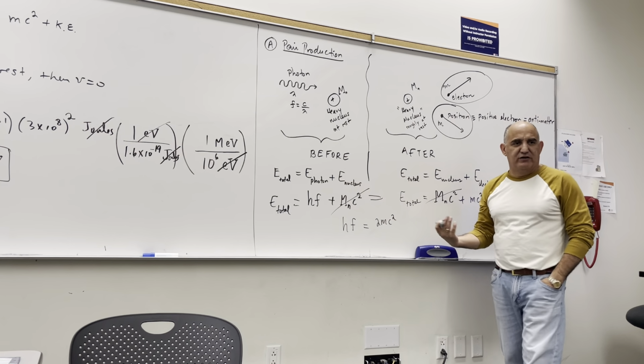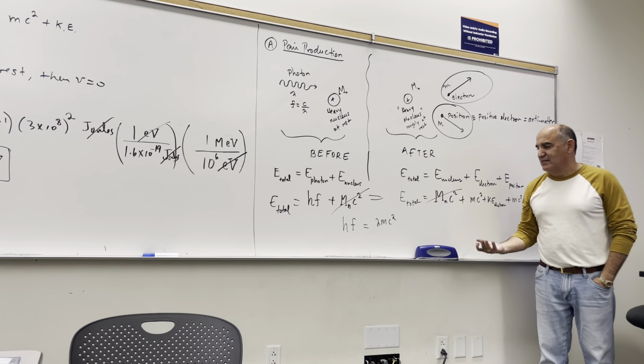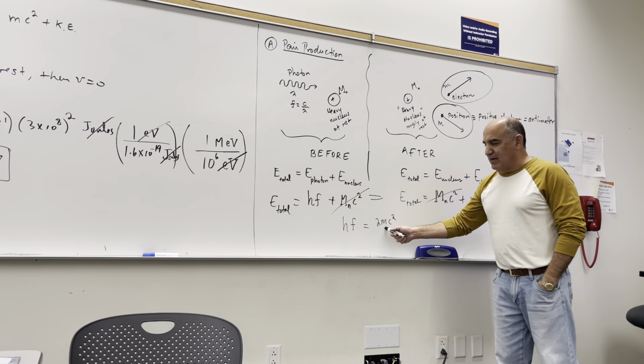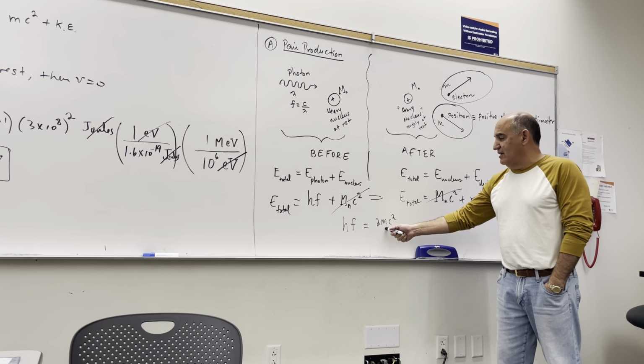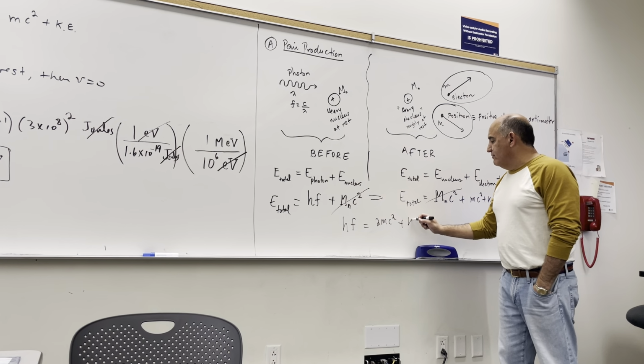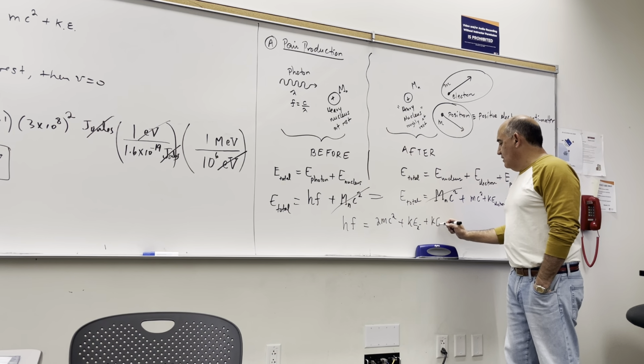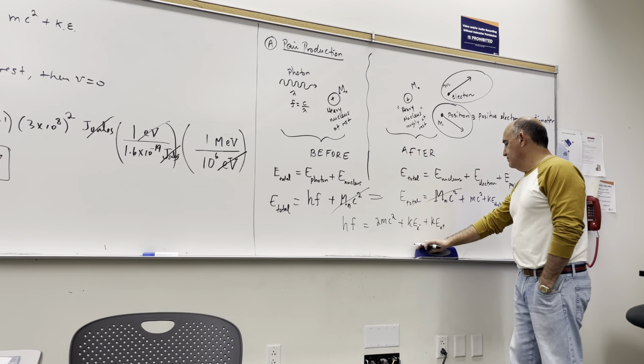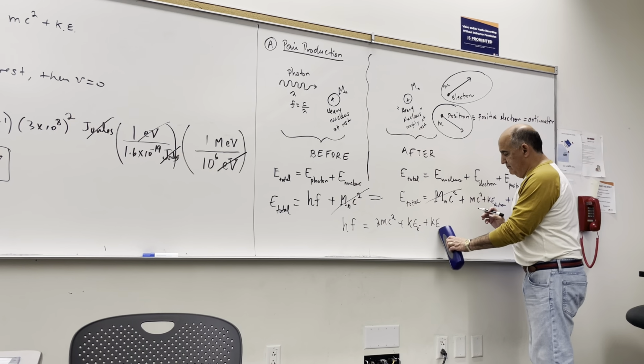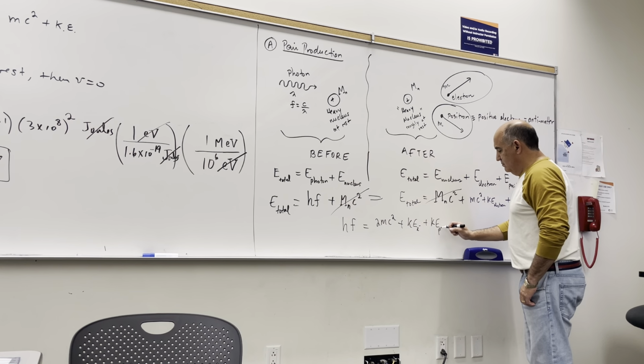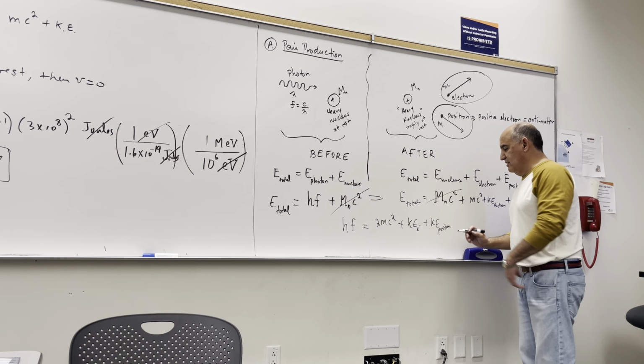So mc squared for each one of them, they have the same mass, so it's twice mc squared, where m is the mass of the electron or the mass of the positron, plus whatever kinetic energies the electron and the positron have. People like to call it E plus and the electron E minus.